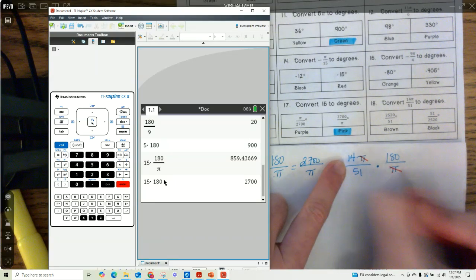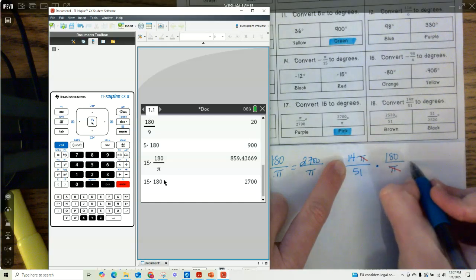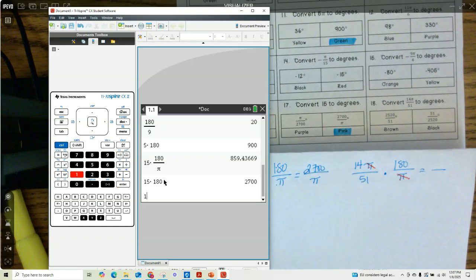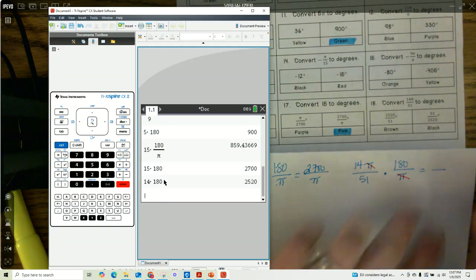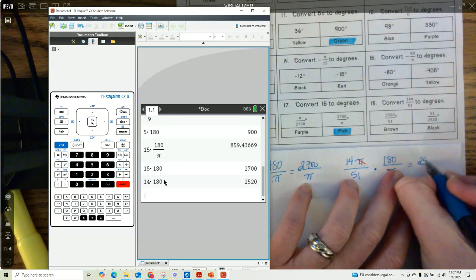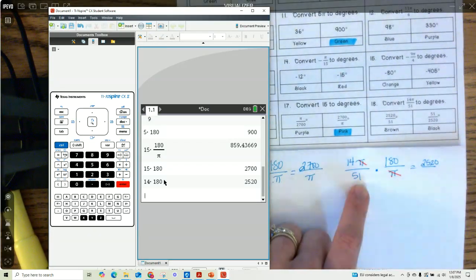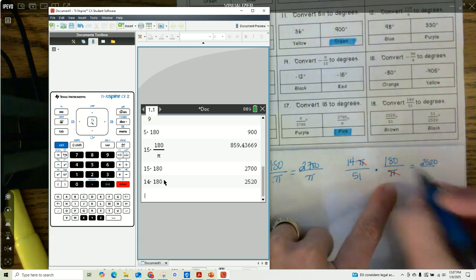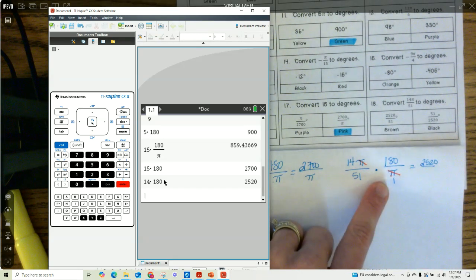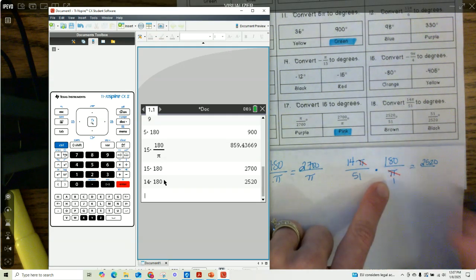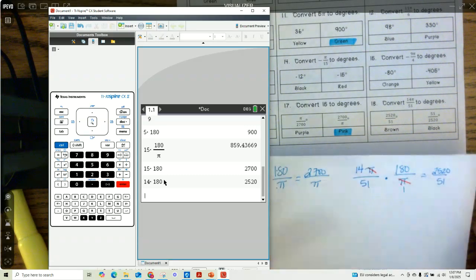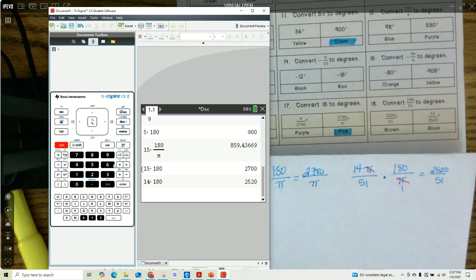Those are going to cancel. So on the top, I have 14 times 180. So 2520. Over 51. And again, if you cancel something out, all that's left there is a 1. 51 times 1 is a 1. I can look at my answer choice and go, oh, that doesn't even simplify. There's my answers.